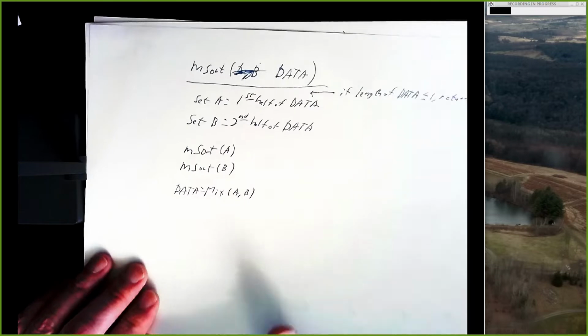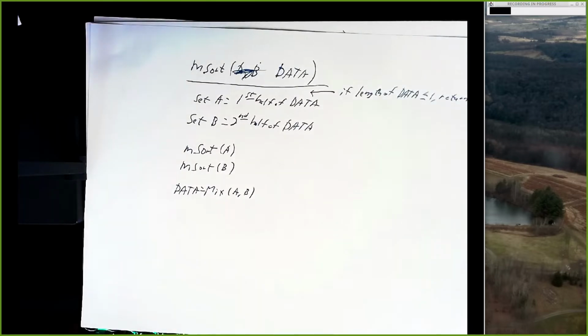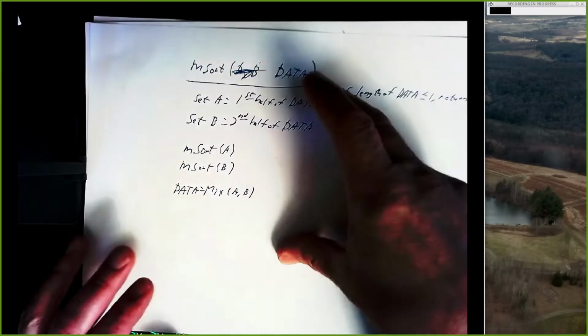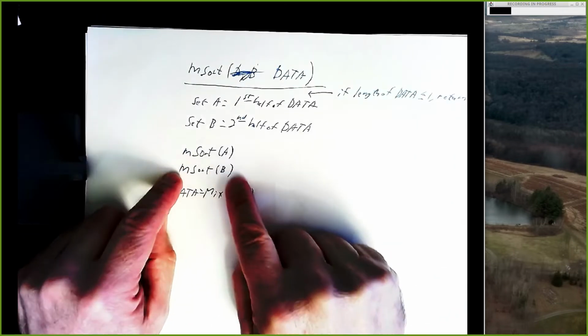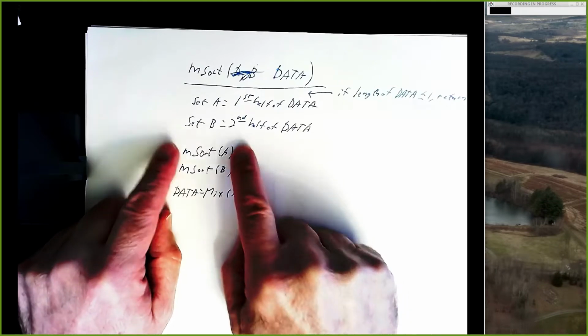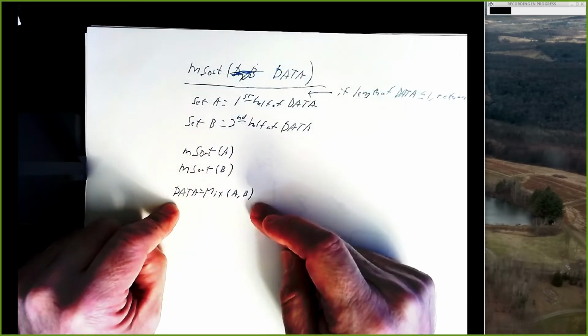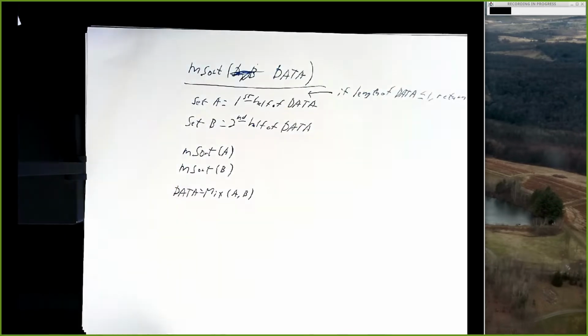So tracking the recursion is tricky. Writing down this algorithm is pretty simple though, right? As long as we believe this will sort A, this will sort B, then splitting your data in half, sorting each half, mixing them together will sort the entire original set of data.